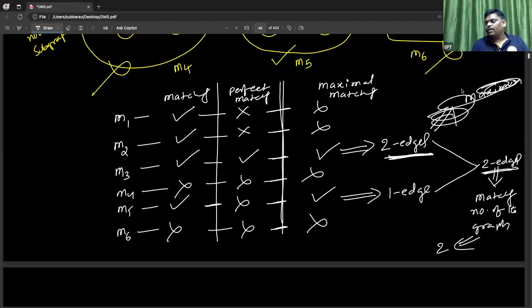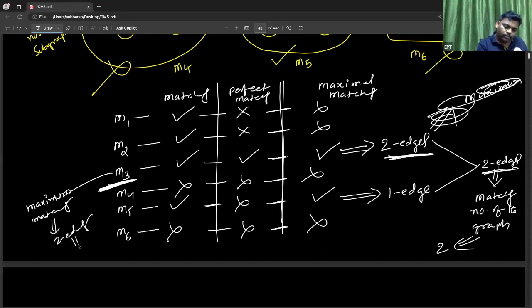That is called the matching number. This graph is the maximum matching. Two edges, the matching number of the graph.